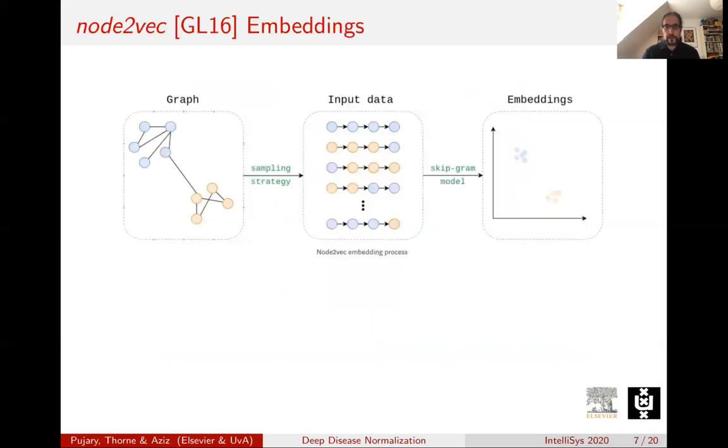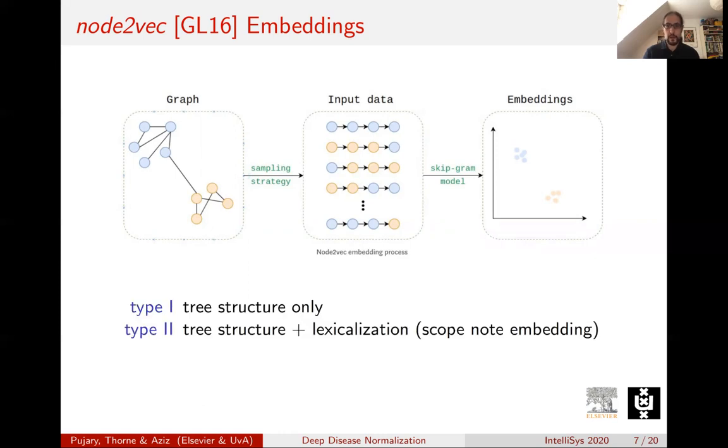Now for the fun part. We use two kinds of graph embeddings. On the one hand, node2vec. Node2vec relies first on an algorithm that does random walks on the graph. So in this case, the MeSH taxonomy generates paths, and then these paths are fed into a skip-gram model to generate an embedding. And we consider two variants of this.